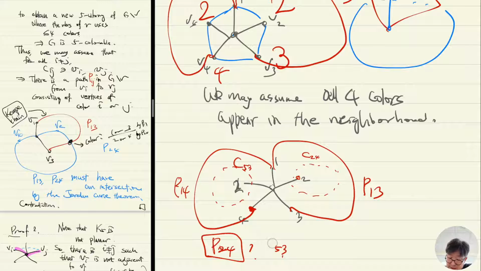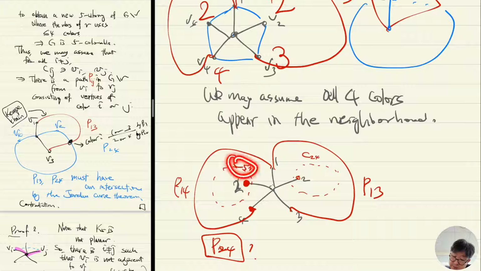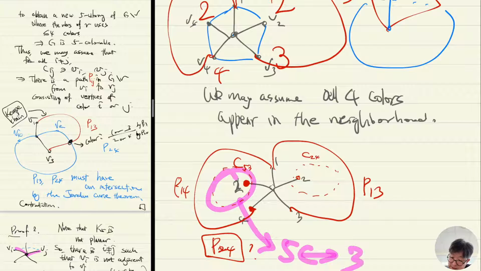This means, I choose a vertex, I choose a component consisting of vertices of color 2 and 3 using this vertex. Then it can never escape this cycle. So there's a component here called the C53. And then what we do is change, here it changes 5 with 3, here changes, no, not 5, 2 with 3, this changes 2 with 4.